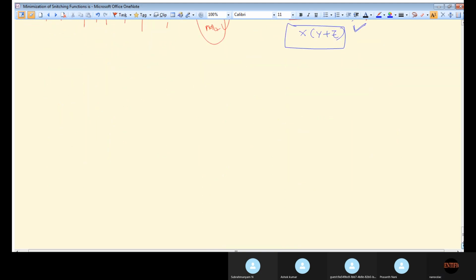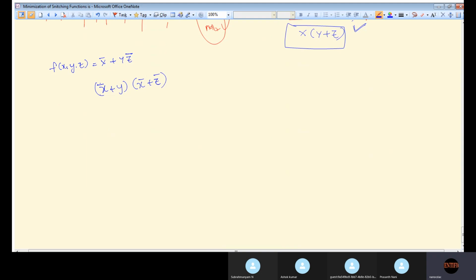Next one. If we see one more function, x bar plus y z bar, prove this. We can use the distributive property: (x bar plus y) into (x bar plus z bar).